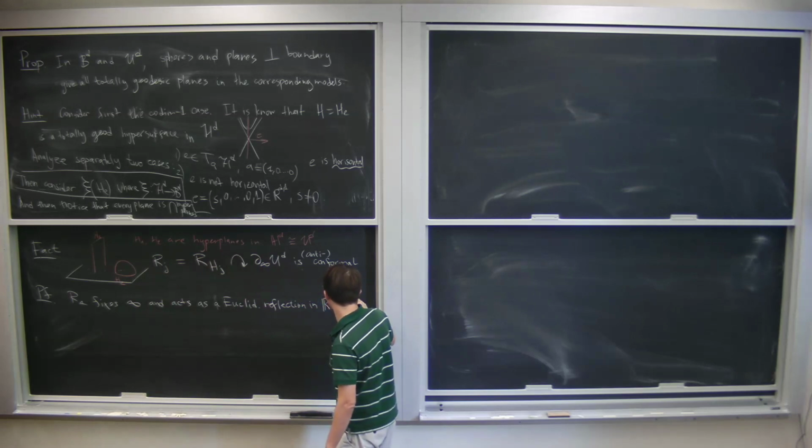Which is the set of all points in U^d such that x_d is equal to 0, right?